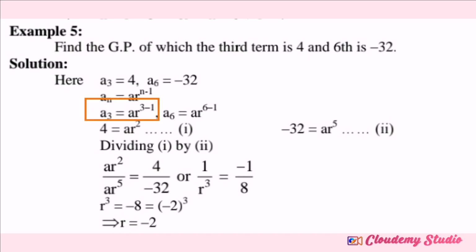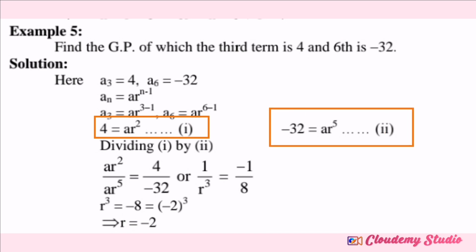So replace a3 by 4: 4 is equal to ar power 2, because 3 minus 1 is 2. And here the sixth term is minus 32. So this is equal to ar raised to the power 5.